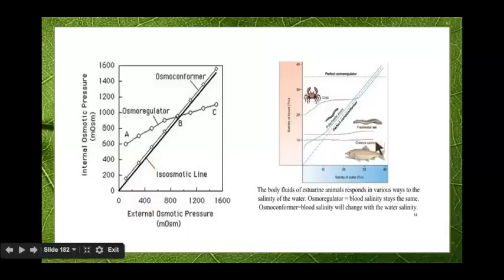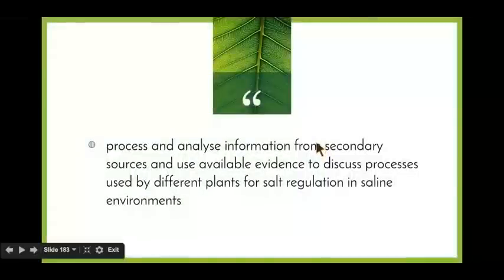And this just shows us some examples. So our freshwater eel and salmon, as well as a crab, are fairly osmoregulated, so they keep their internal salt concentrations fairly stable, whereas our polychaete worm, which is an invertebrate, changes its salinity with the water salinity.